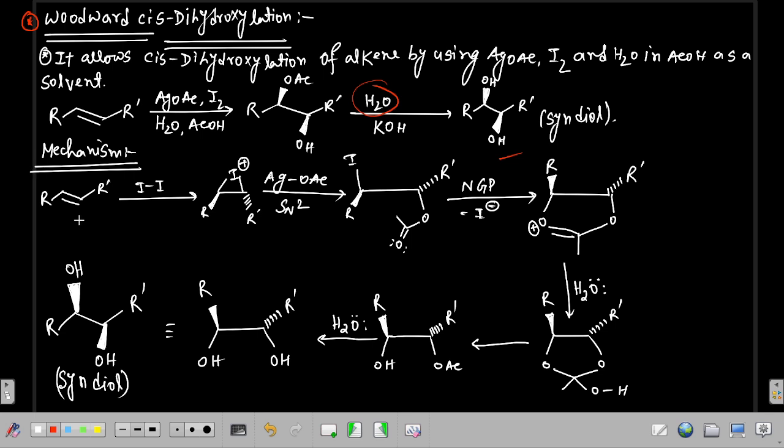Now we will see the mechanism of the reaction. Same as before, it will form an iodonium ion by breaking of this. So it will form iodide ion, and it is an iodonium ion.